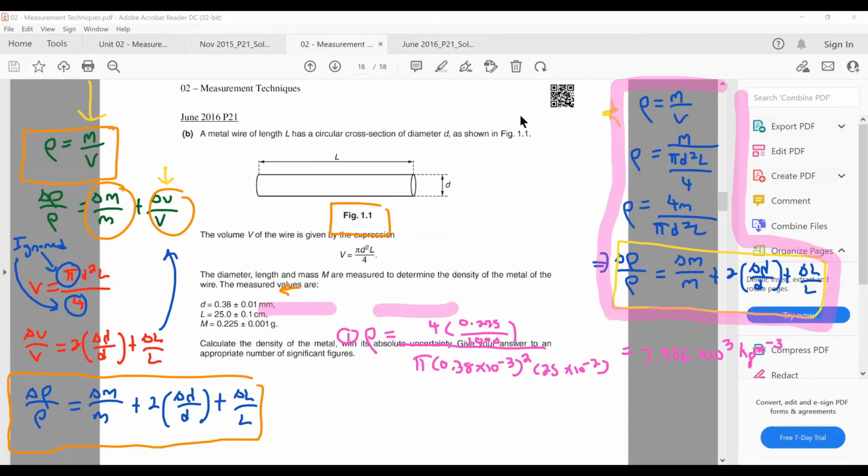Then after that, you would probably start to do the fractional uncertainty part. Now there's this thing I want to ask. If I ask you about the fractional uncertainty of m, you see that this is in gram, 0.01 over 0.225. Would I need to change it to kg for this portion of the working?